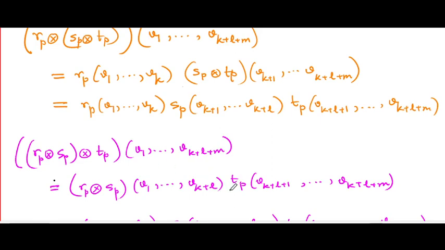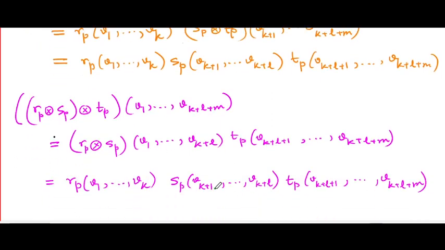You have to multiply that result, which is just a number, by Tp acting on the rest of the vectors. But now use the definition of the tensor product once again, and this becomes Rp getting to eat the first k of these vectors and Sp getting to act on the next l of these vectors, V(k+1) through V(k+l). And of course, finally, you have to multiply all these three numbers together and check this is exactly the same as this.